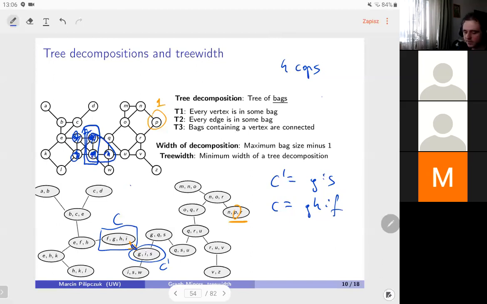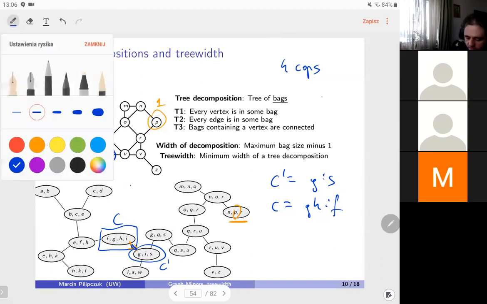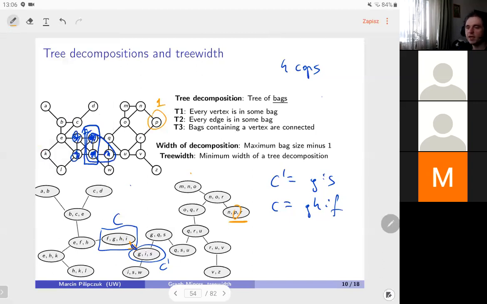But meanwhile, the robber moves. He either moves to one of these vertices here, or he moves to W. He can also decide to move to W before the cop on S lands.